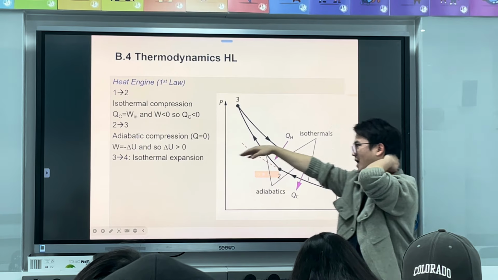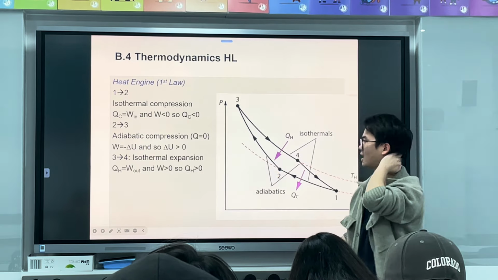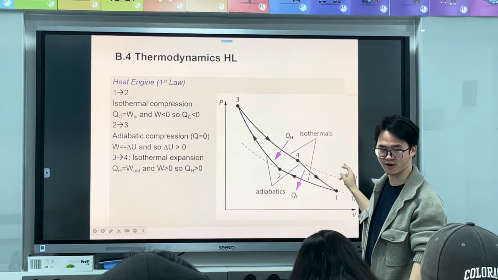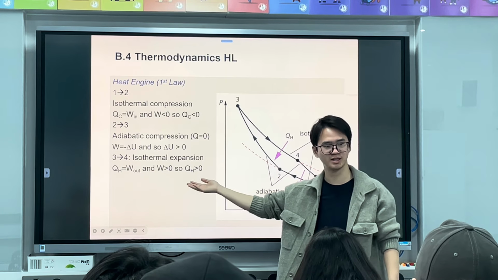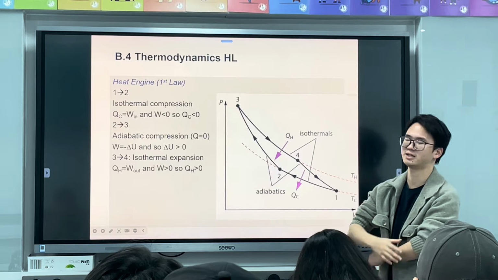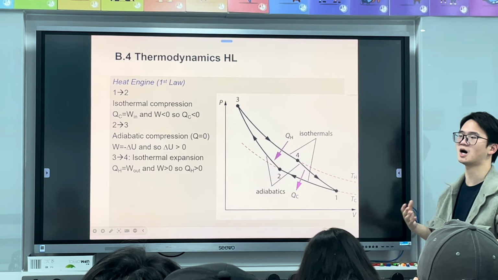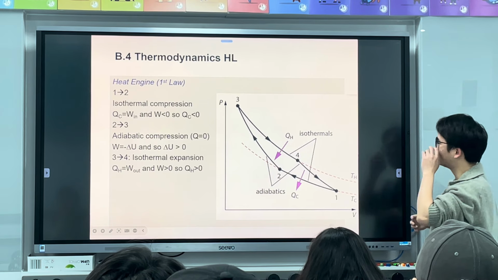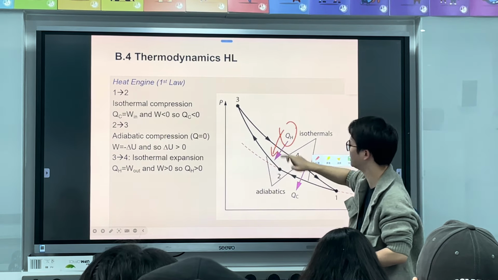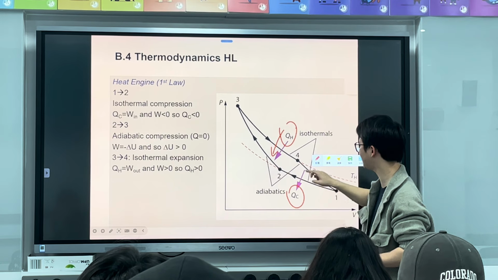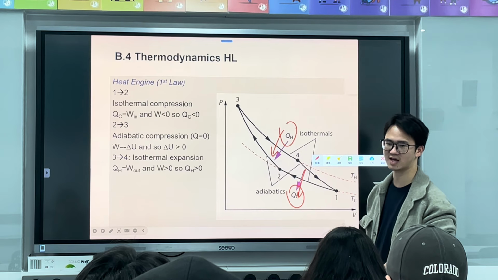From 3 to 4 is isothermal expansion, which means work done is going to be greater than 0, and so is the heat energy, which means the system is absorbing heat, inputting heat. The QH is being input into the cycle, and QC is being output from the cycle.